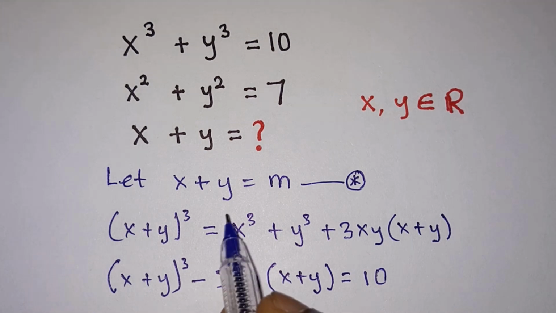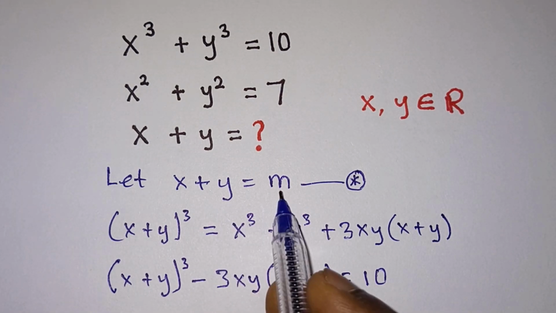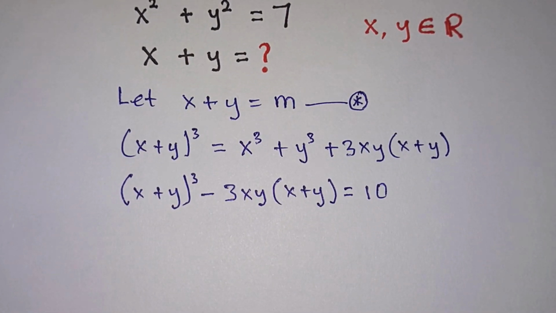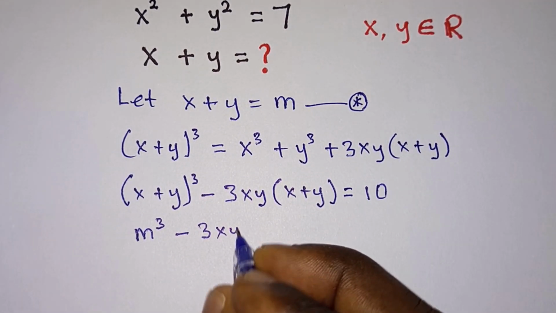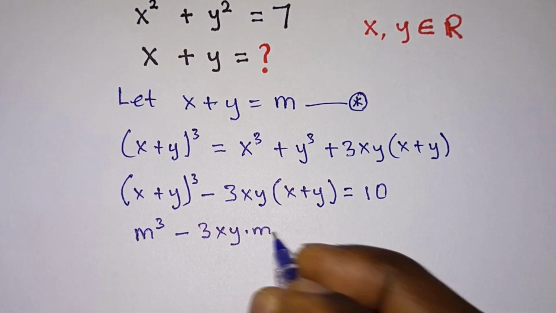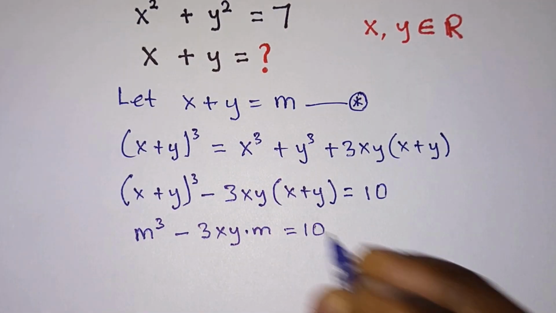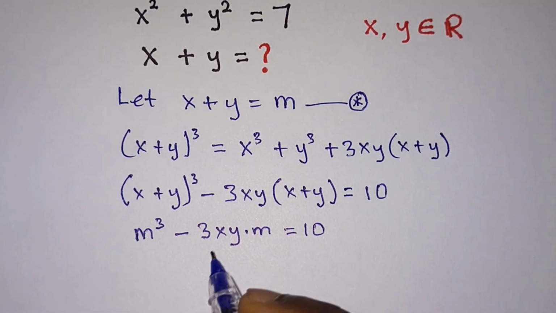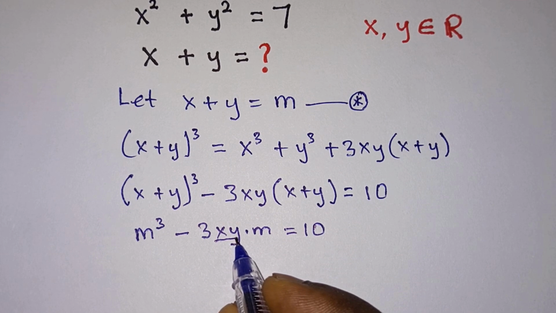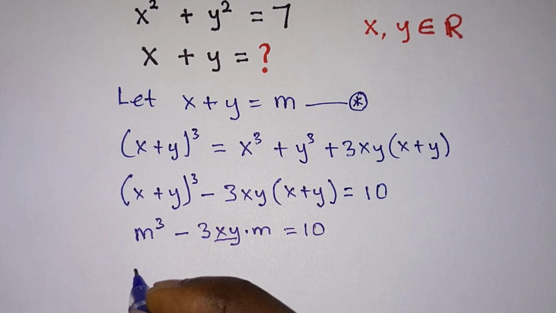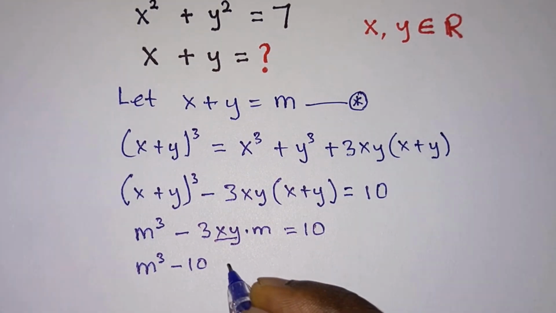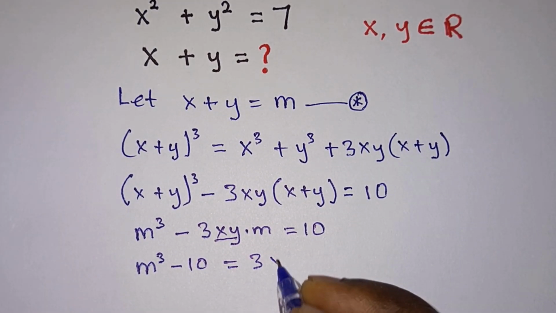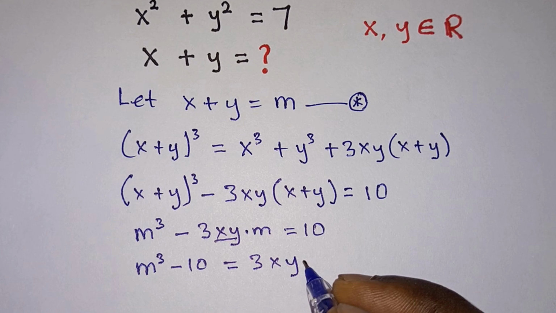But we know from equation star that x plus y is equal to m. So we're going to have m to the third power minus 3 times xy times m is equal to 10. Let's make xy the subject from this equation. So we would have m to the third power minus 10 is equal to 3 times xy times m.